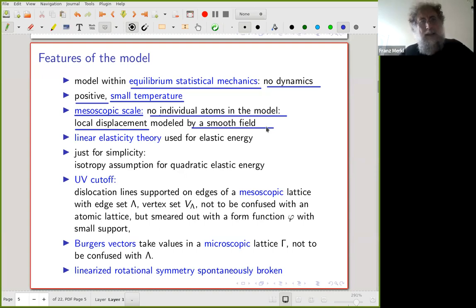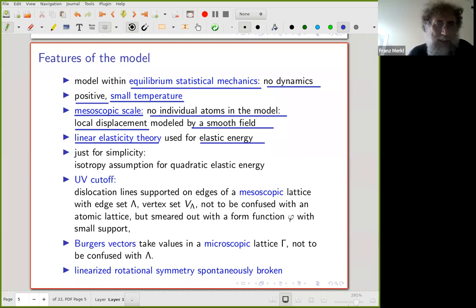And then, at least for the elastic deformations of the crystal, we use linear elasticity theory. So we use a quadratic form to describe elastic deformation. So linear elasticity theory is used for the elastic energy. And then there is a simplifying assumption, which is not essential, but it just makes things easier to write down.